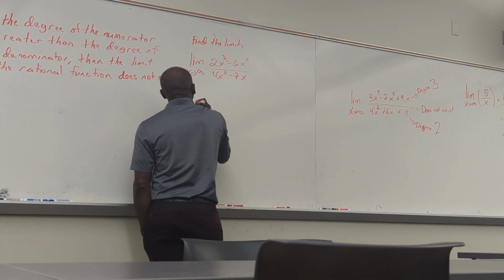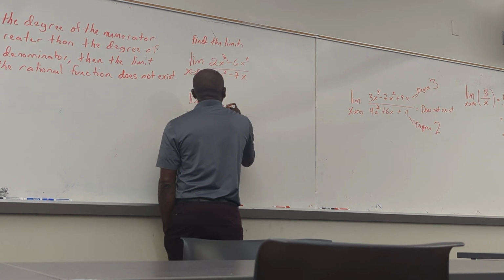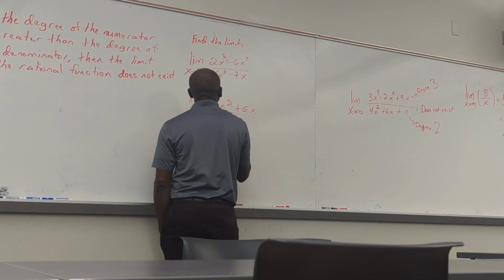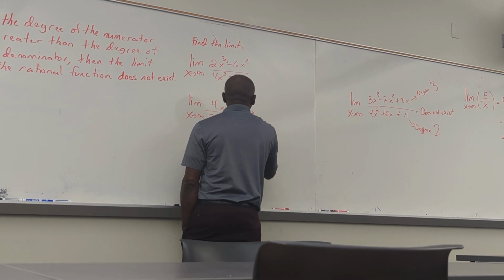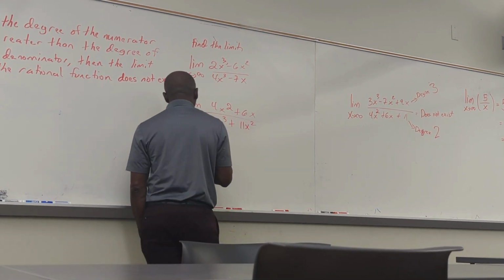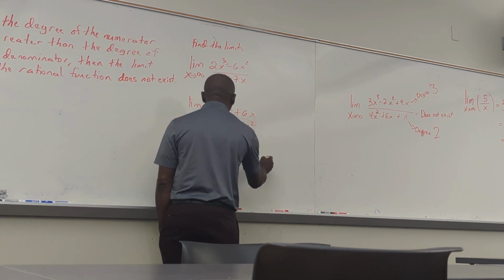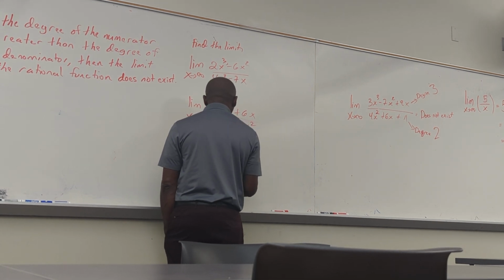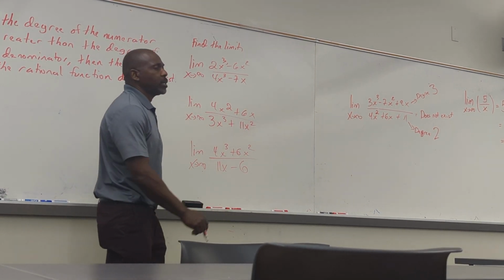I have the limit as x goes to infinity of 4x squared plus 6x all over 3x cubed plus 11x squared. I have the limit as x goes to infinity of 4x cubed plus 6x squared all over 11x minus 6. What's the answer to the first one?